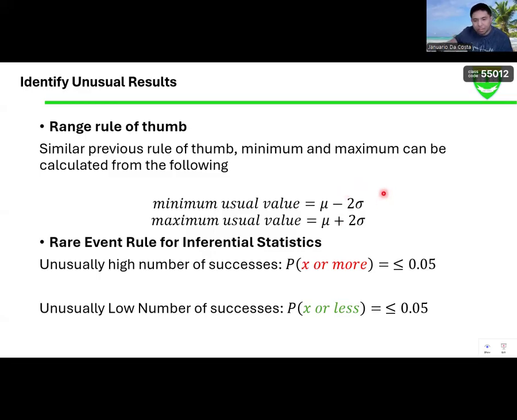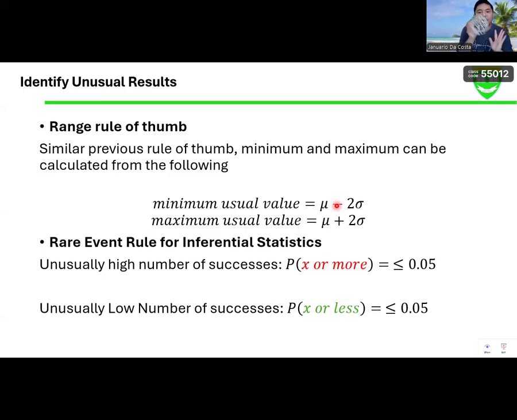In chapter 7, we will derive how this formula comes to be. The maximum usual value is the mean plus 2 times the standard deviation.